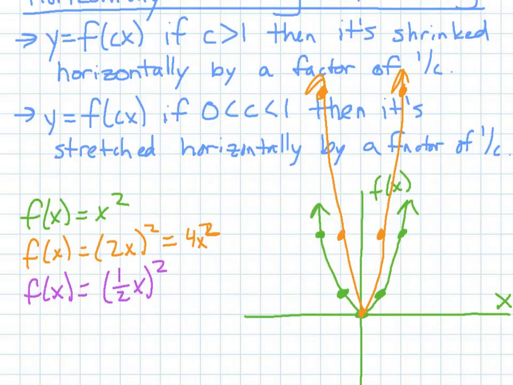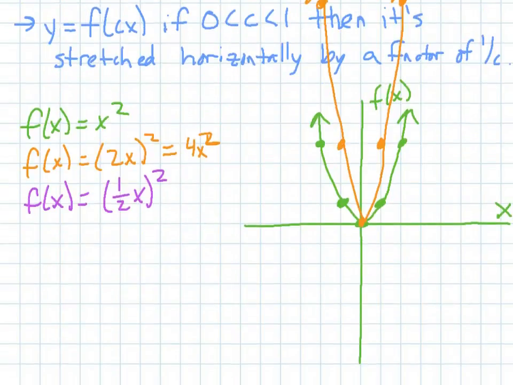Okay, so if I do 1/2 x all squared, then I get 1/4 x squared. Okay, so then now all my values become the other way, which is kind of like shrinking vertically, but you're also pulling those values out away from the f of x line.